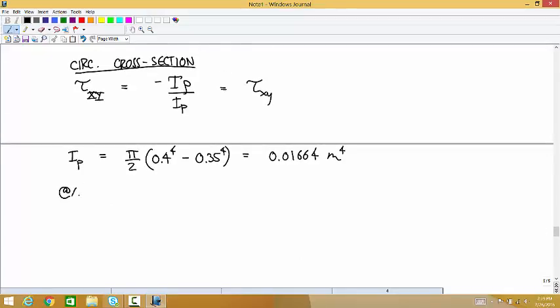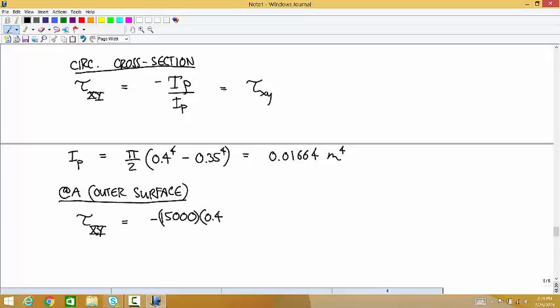So at A, tau xy is equal to negative 15,000 times 0.4 divided by 0.01664, and you get a value of negative 3.61 times 10 to the 5th pascals.